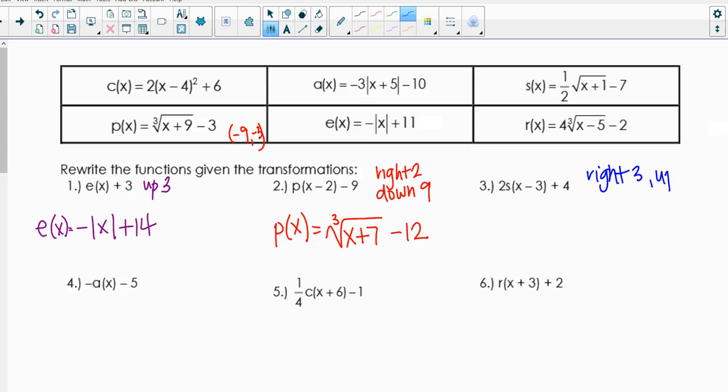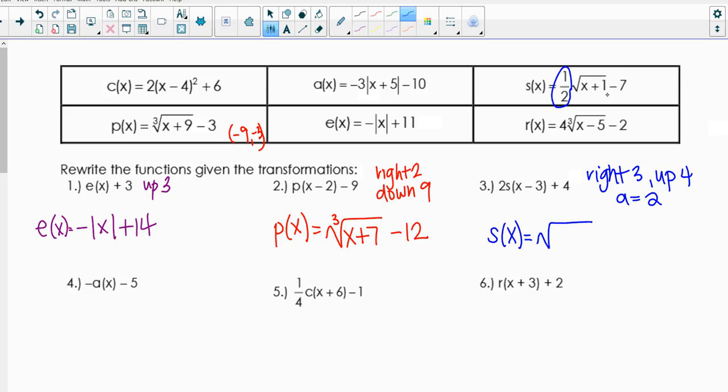Over here, I'm going to the right 3 and up 4, and then my A value is doubling, so whatever it is needs to double. So S of x is right here. Okay, so let's start with my A value. If my A value is 1/2 and I double it, 2 times 1/2 is just 1. So S of x will now have just an A value of 1.